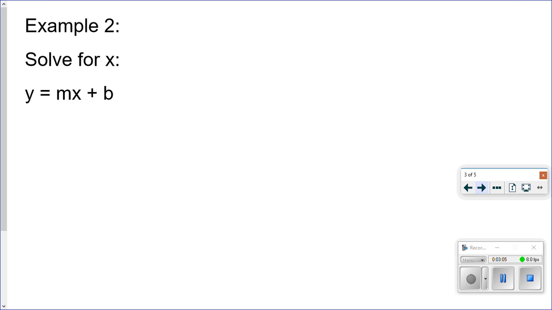All right, solve for x. So once again, we're trying to get x by itself. It is a positive b.